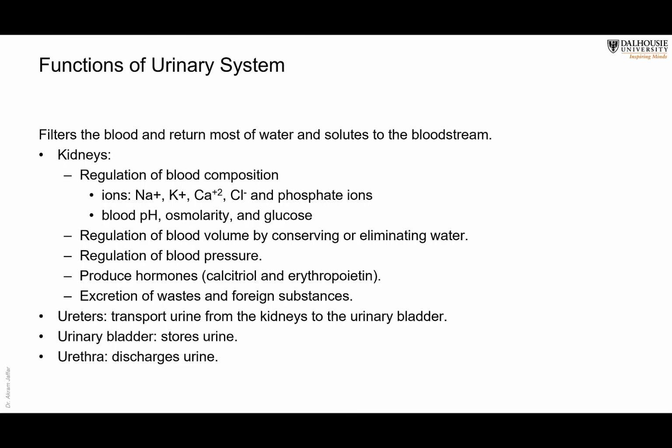What we are going to excrete per day is maybe 2 or 2.5 liters of urine, but 180 liters of plasma are filtered. And the kidneys regulate the composition of blood while they are filtering and reabsorbing the filtered material. They regulate the blood volume, blood pressure, and they produce some hormones.